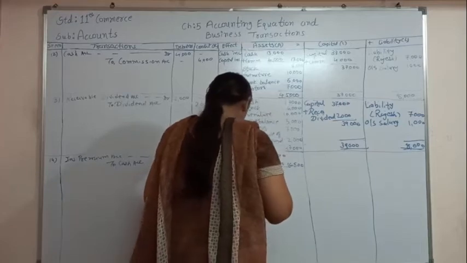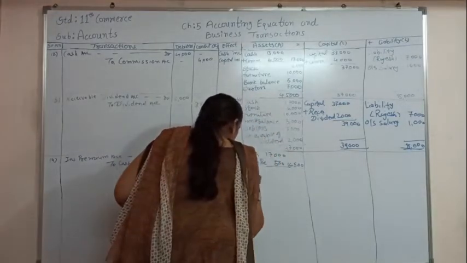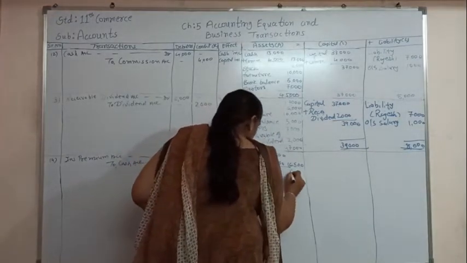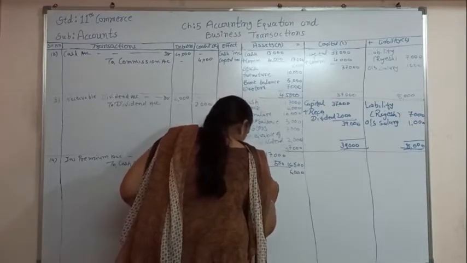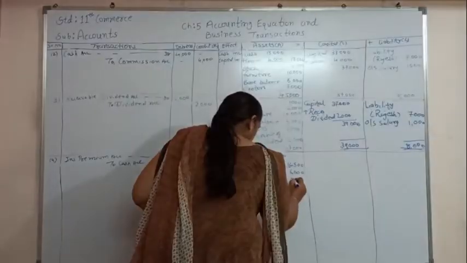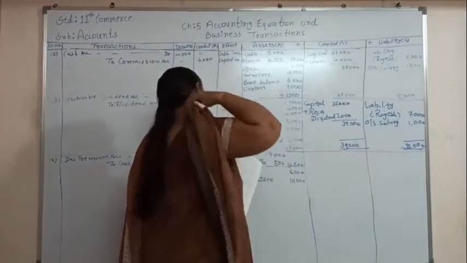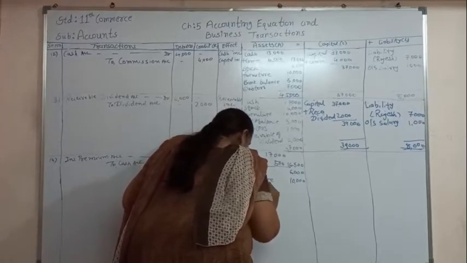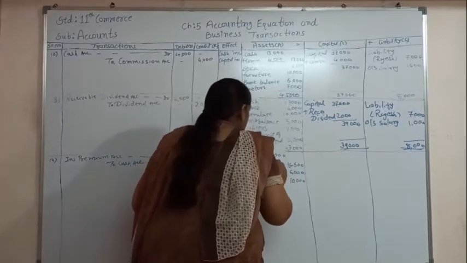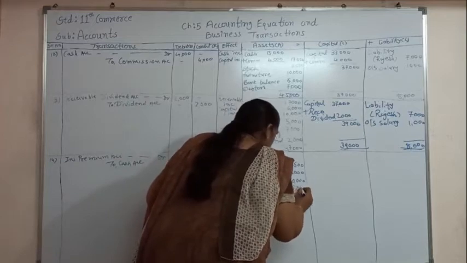Cash is going to be 16,500. Then stock 6,000. Furniture 10,000. Then bank balance 5,000.